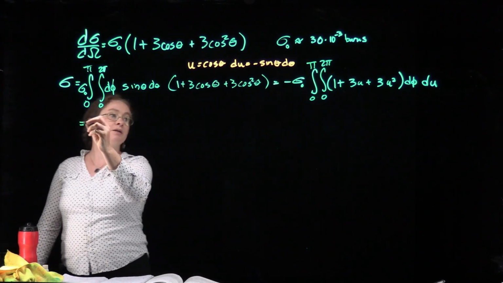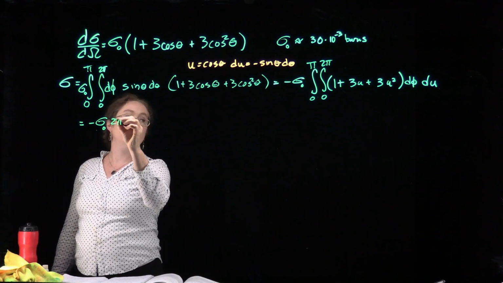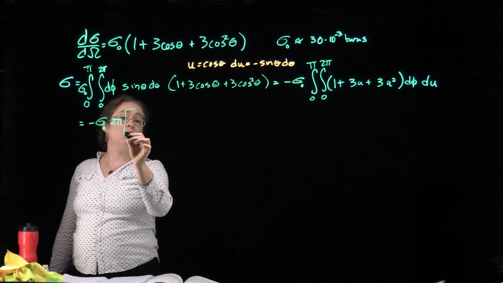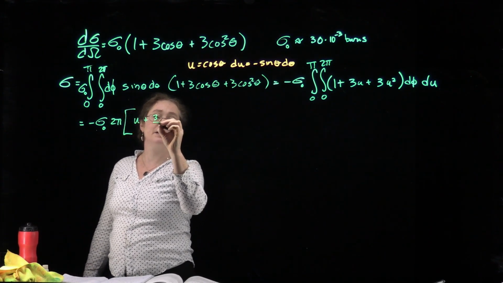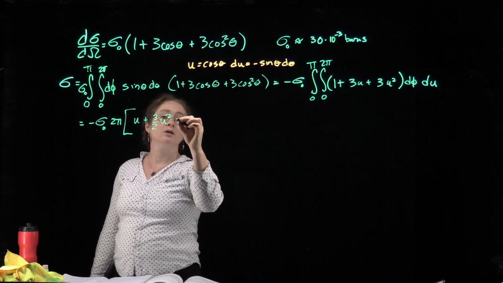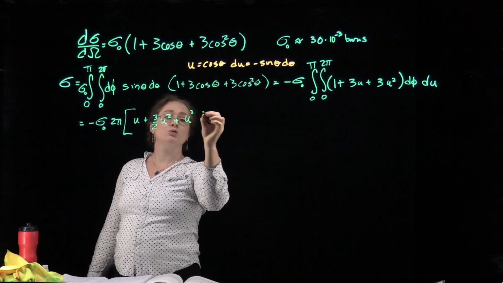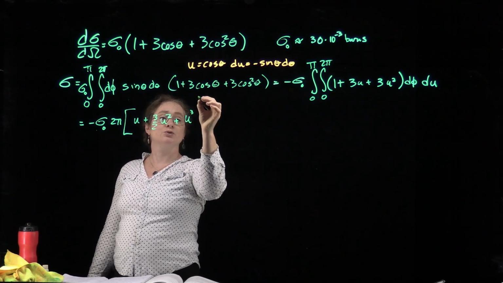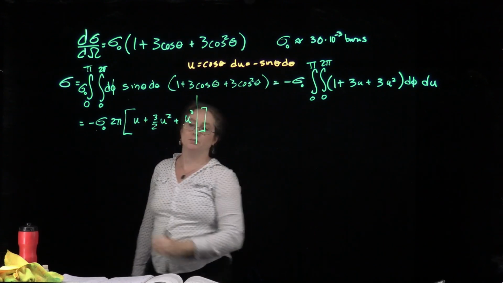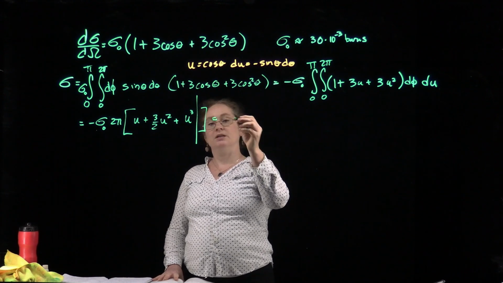And then negative sigma, 0 to pi, and here I have u plus 3 halves u squared plus 3 over 3u cubed, and I'll change it back to cosines before I put in the limits.